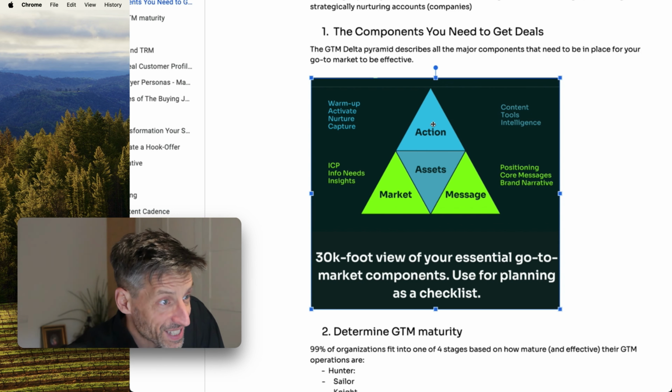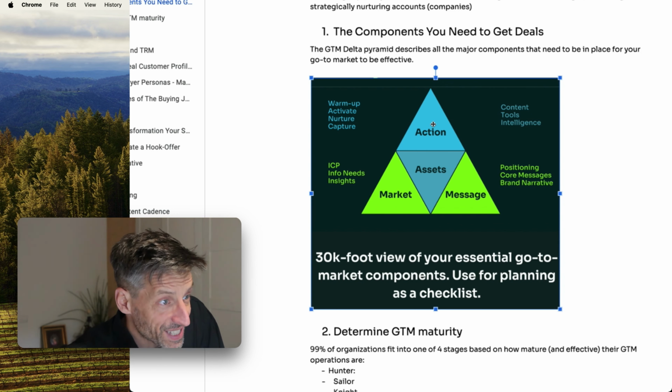And so we keep referring to this framework, the GTM Delta, when we talk about go-to-market components. And obviously the idea is that you want to have all 4 in place, because if anything is missing from this pyramid or this delta, then you have a pyramid that's going to fall on your head, right? And you don't want that to happen.